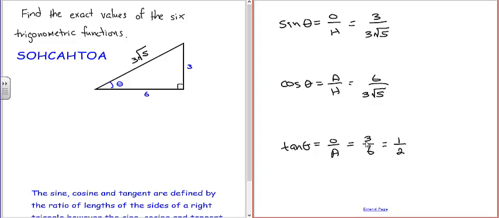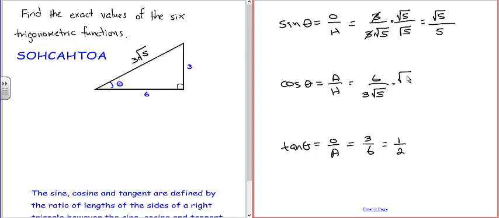Okay, so I'm going to simplify this one first. 3/6 is 1/2. What I have to do here is multiply and divide by the square root of 5, because I don't want this square root in the denominator. You also notice that I can cancel out the 3's. So what I'm left with is the square root of 5 in the numerator and 5 in the denominator.